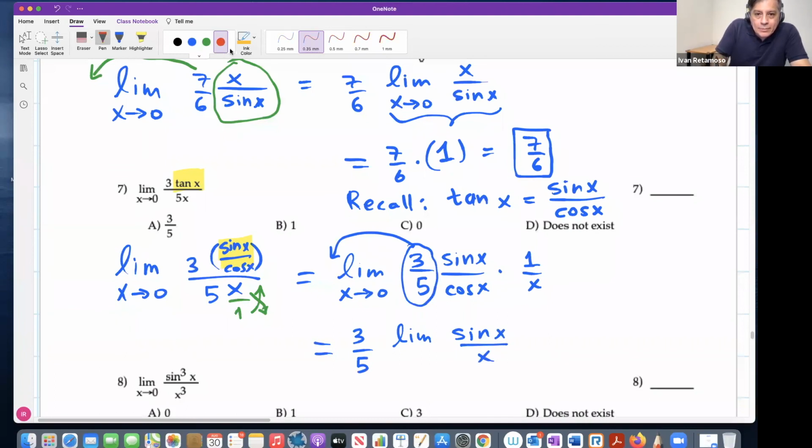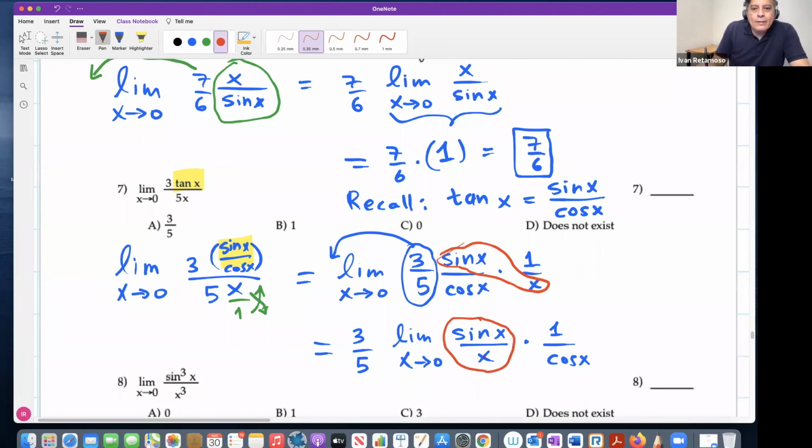Allow me to put this together. This part is this times 1 over cosine of x. Professor, why are you doing this? Well, I'm trying to group the stuff into the form that I am comfortable with, right? And this part, 1 over cosine, I am putting separately.